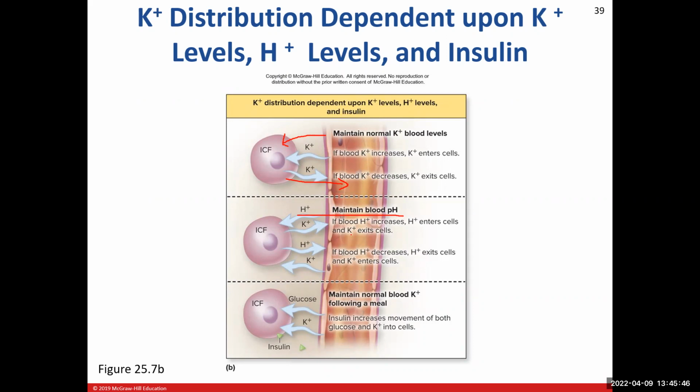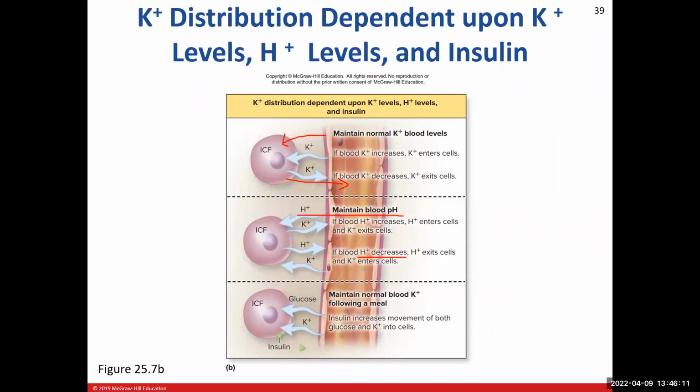If our hydrogen ion concentration starts to decrease in our blood, that means the pH will increase, then we are going to move hydrogen ions out of the cells into circulation to help return that pH value to the normal level.